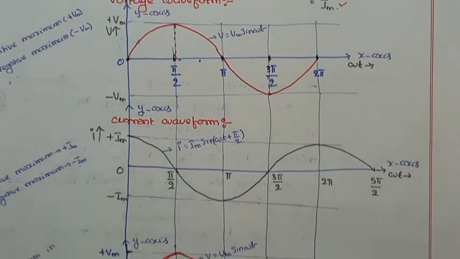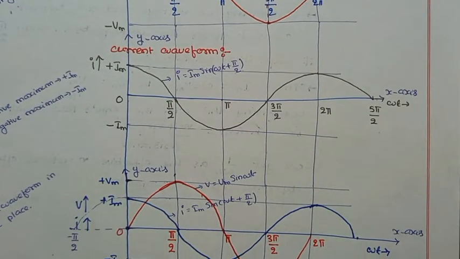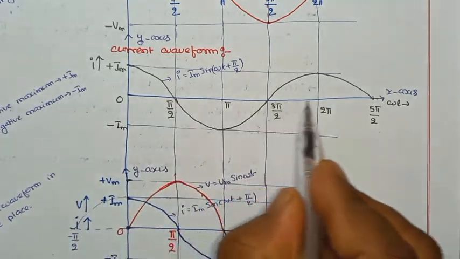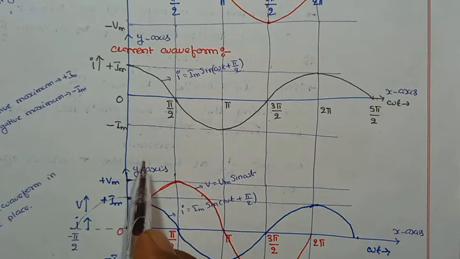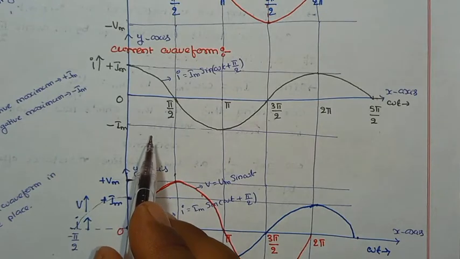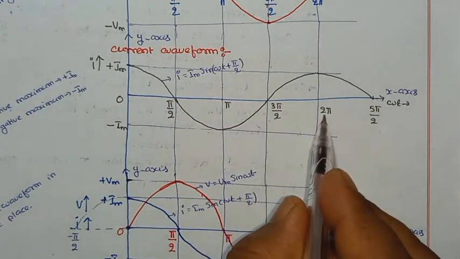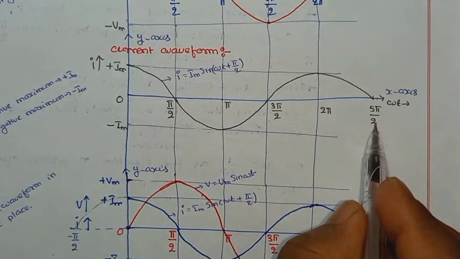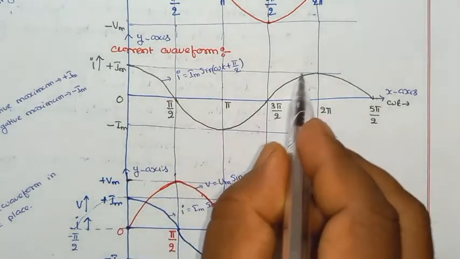Now the current waveform is drawn. Here also omega t is taken along the x-axis. This is the x-axis. This is the y-axis. So taking different values of omega t, that is 0, pi by 2, pi, 3 pi by 2, 2 pi and 5 pi by 2, we have drawn this current waveform.